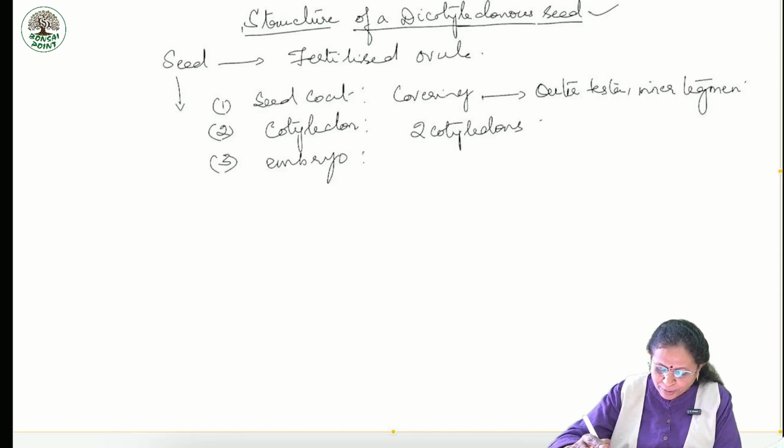What about the embryonic axis? There I told you the embryo consists of the embryonic axis with plumule, radicle, epicotyl, hypocotyl, coleoptile, coleorhiza. In dicot, what is present? Let us see.